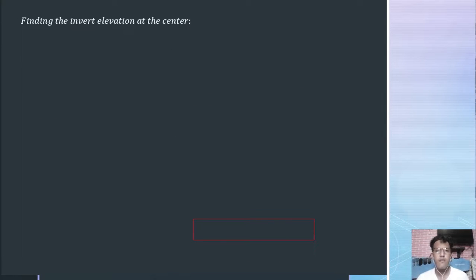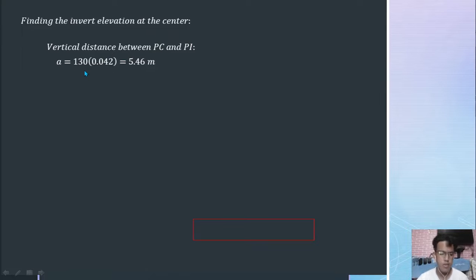So finding the invert elevation at the center, we have here the vertical distance between PC and PI, which is A, equal to 130 times 0.042, which is 5.46. 130 is the distance to the middle of the diagram.